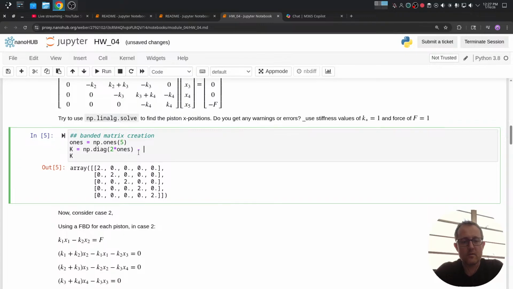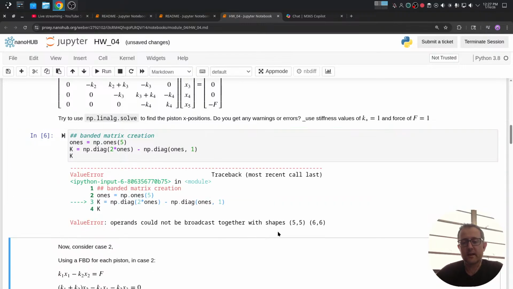And then what I can do is subtract a diag of ones, but put it at 1. When I give it a 1, that diag command is going to go 1 step above that diagonal. There are 4 values here. If I try to do it now, it's going to give me an error that I have a 6x6 and a 5x5.